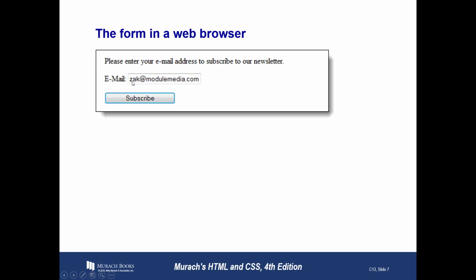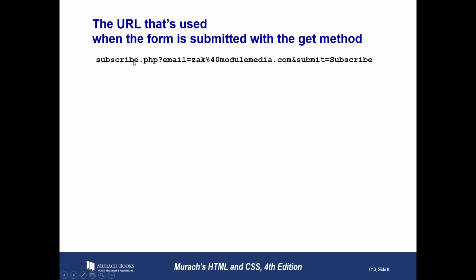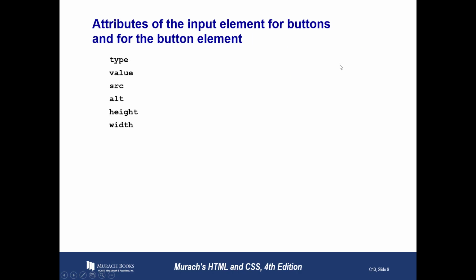You'll notice the email address is zach@modulemedia.com. So we're going to call subscribe.php. The email that will be sent will be zach, this %40 is an @, modulemedia.com, and the submit will be equal to subscribe.